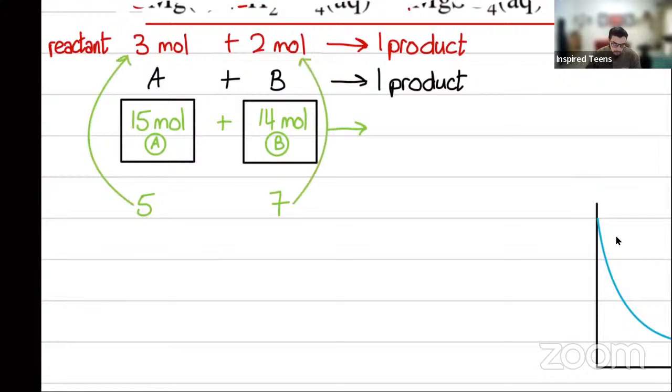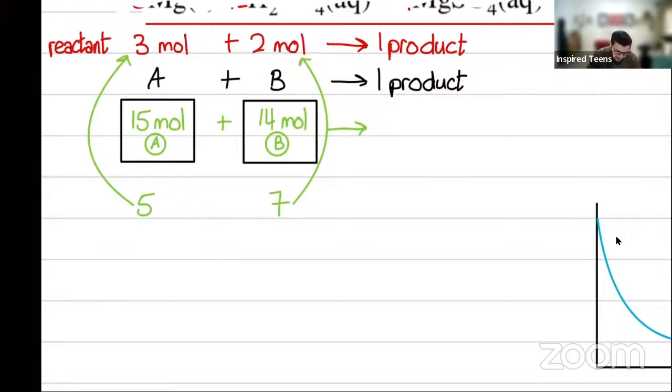Now, because we react 3 moles with 2 moles perfectly, we will only be able to create 5 products because we are limited by the amount of reactant A that we have. Here we can form 7 of reactant B, but we can only form 5 of reactant A, because reactant A requires 3 moles while reactant B only requires 2 moles.